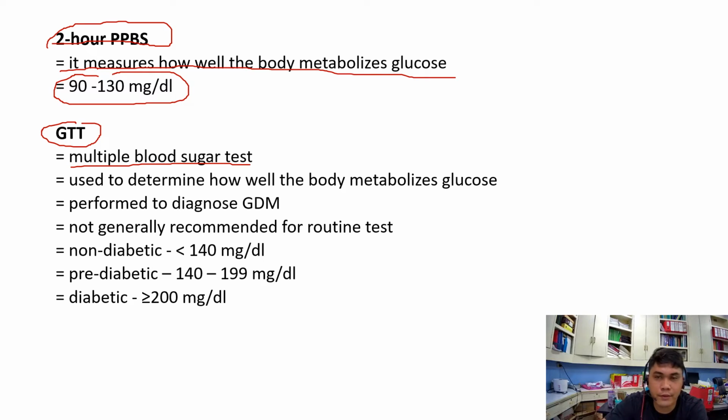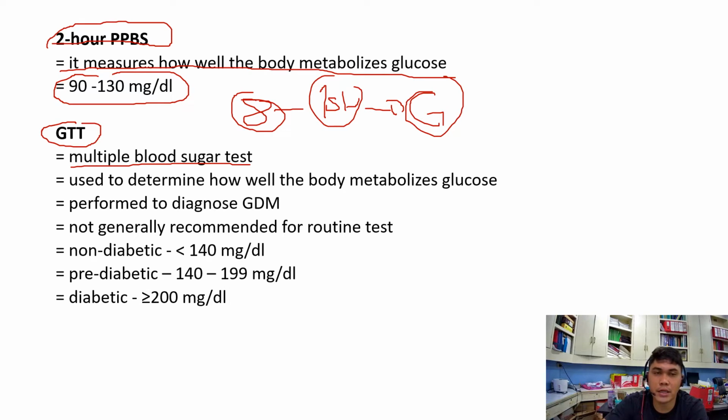For example, for OGTT, the patient should fast for at least 8 hours. After 8 hours of fasting, the next step is to collect the first blood specimen, which is your FBS or fasting specimen. Then after the first blood collection, next is the administration of glucose load. The standard glucose load for OGTT is 75 grams.